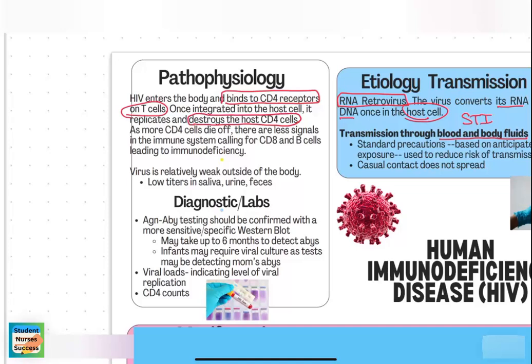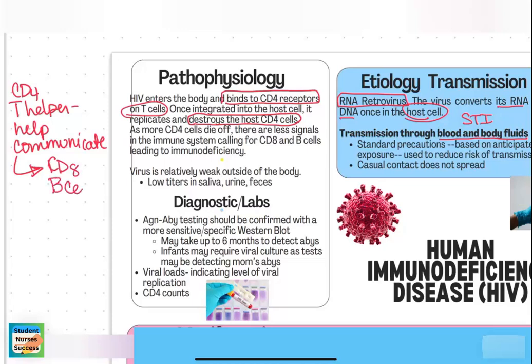Now, if you remember, CD4 cells are called T helper cells. And T helper cells help communicate and call for help in the immune system. They usually call the CD8 killers, and they will also talk to the B cells in order to produce antibodies.